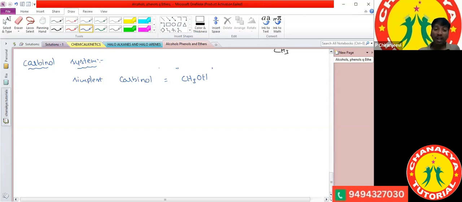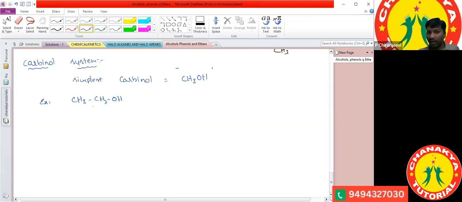How do we write the nomenclature of the carbinol system? For example, here is a structure: CH3-CH2-OH. What is the name of the compound in the carbinol system? We call this methyl carbinol.